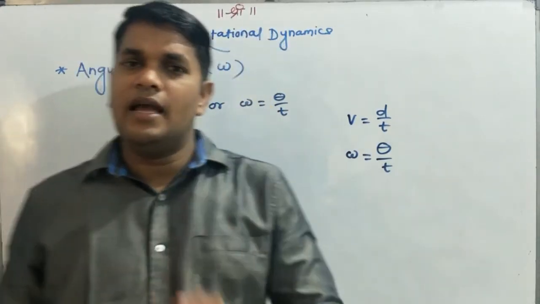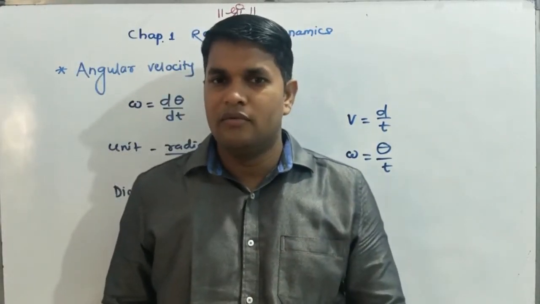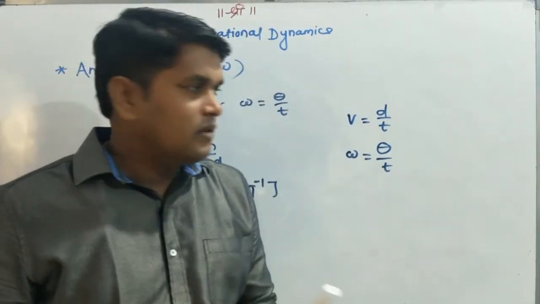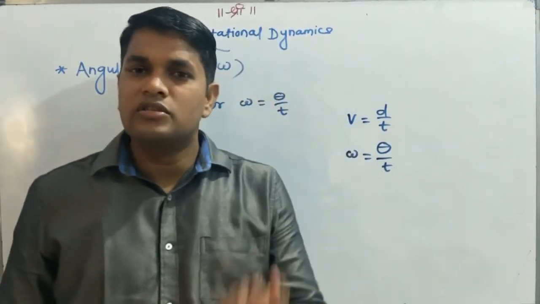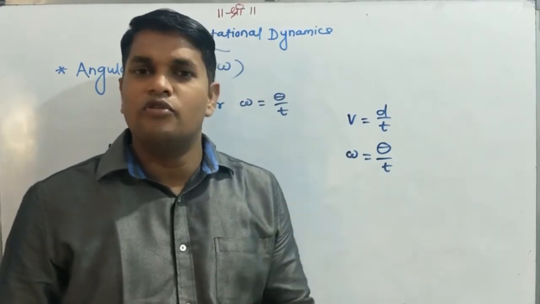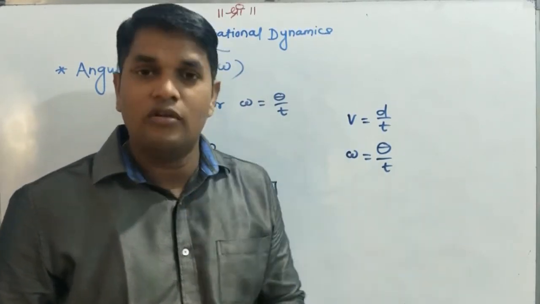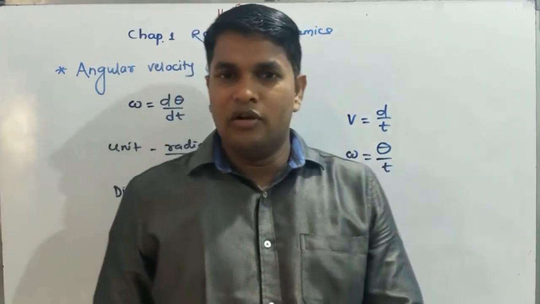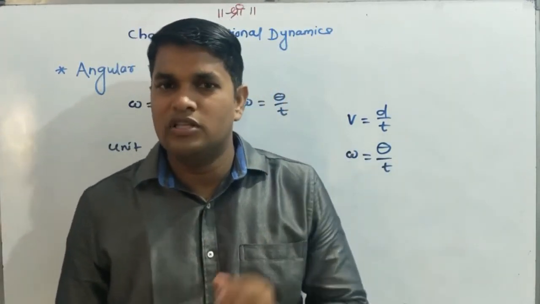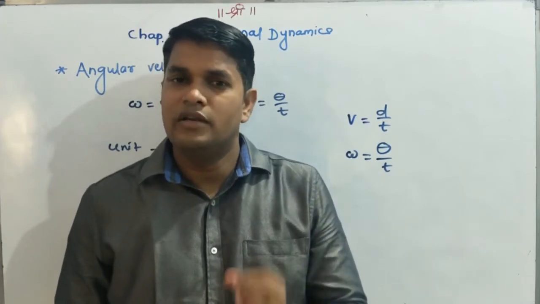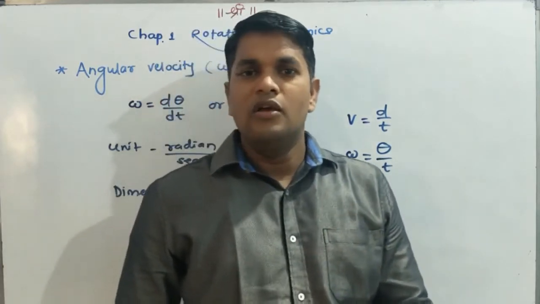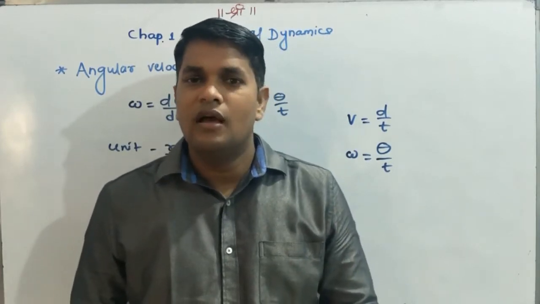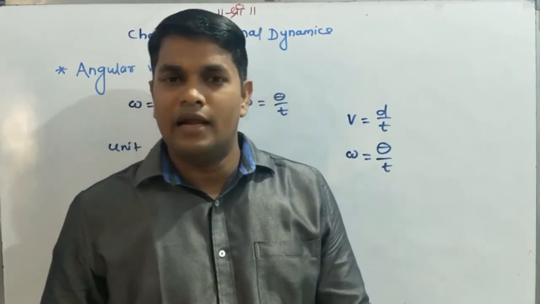Again, the finite angular velocity is a scalar quantity. It has magnitude but no direction. But the infinitesimal or instantaneous angular velocity, that is very small angular velocity, is a vector quantity. So if it is a vector quantity, it has direction, and its direction is again given by the right hand thumb rule.